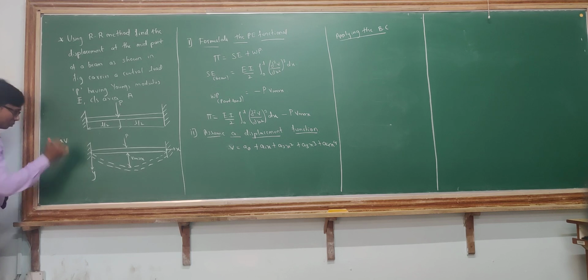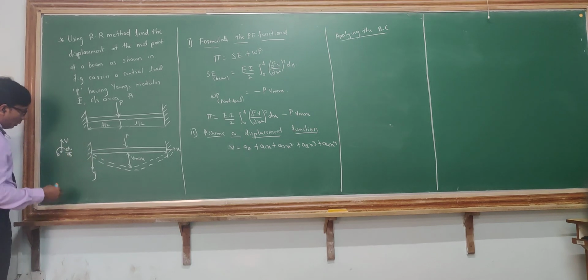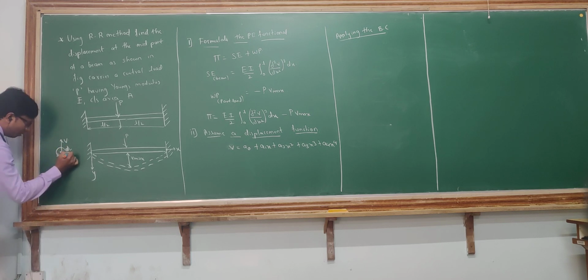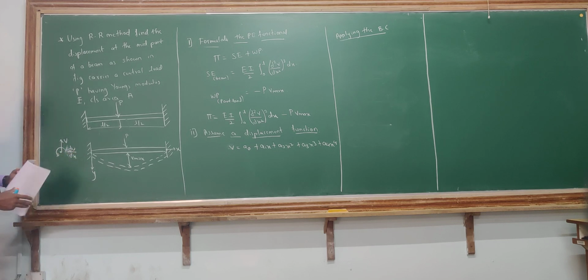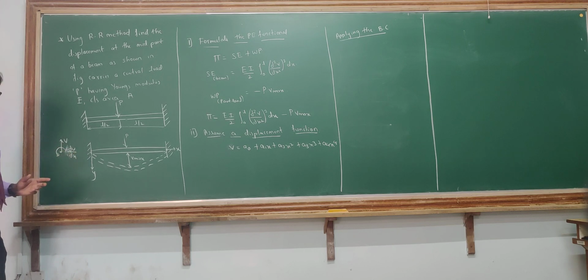One will be the displacement along the y axis, one will be the rotation about the z axis. So these are the 2 degrees of freedom, and you can take it as dou v by dou x. So always a single node will have 2 degrees of freedom in the case of a beam.